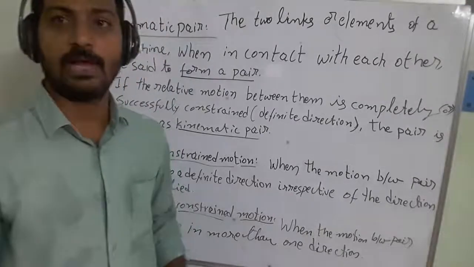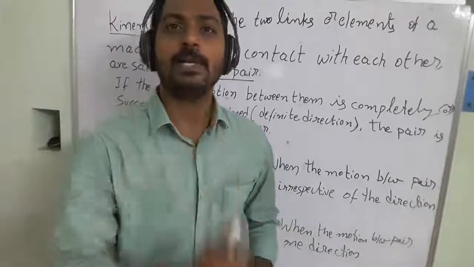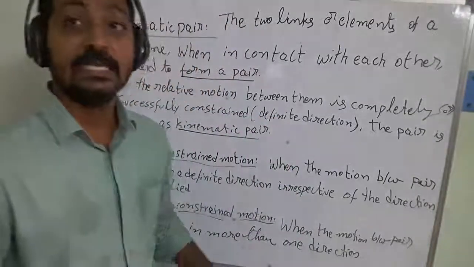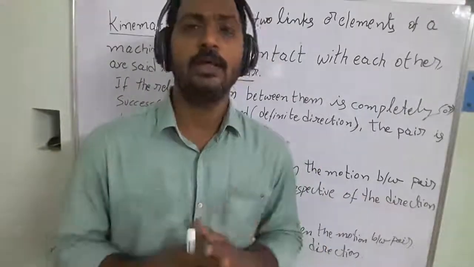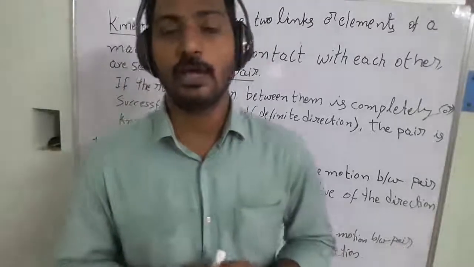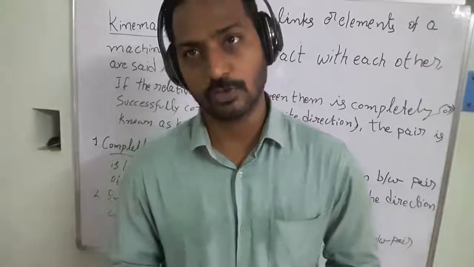In completely constrained motion, we get only one definite direction of motion. But in this case, there are chances we get more than one, two or three motions, because it depends on the applied force. Then we can say that is incompletely constrained motion.